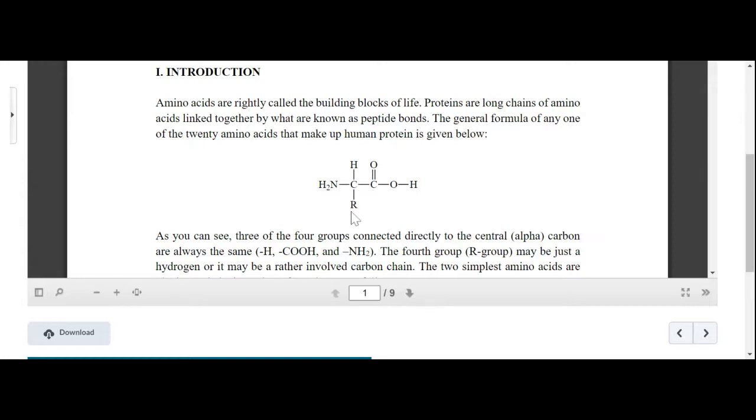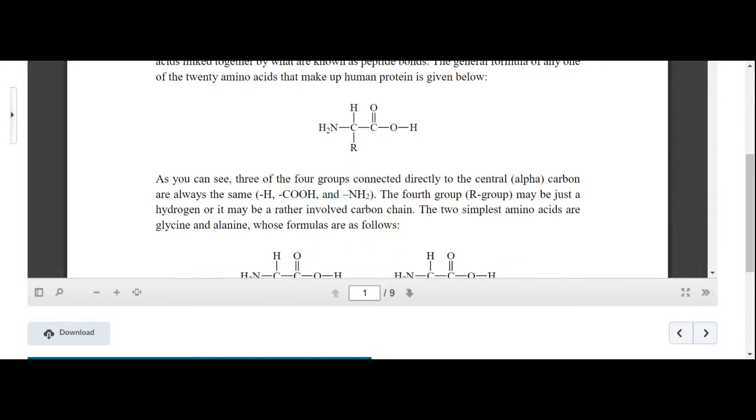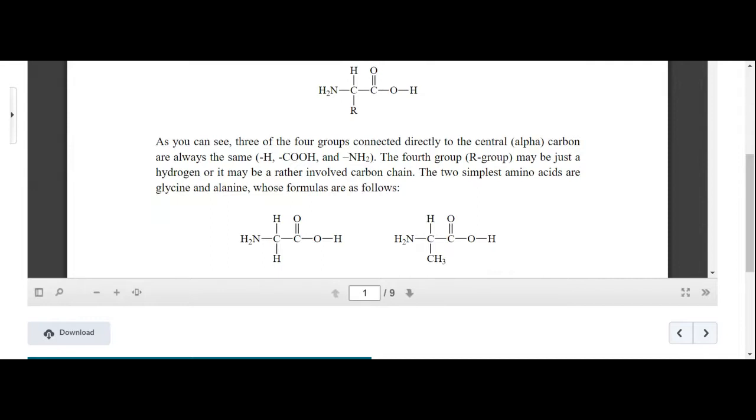The difference between one amino acid and another is in the R group. Your R group can be hydrogen, a methyl group, a phenyl group, a hydrocarbon, an amine, an alcohol, or a carboxylic acid. If the R group is neutral, either hydrogen or a hydrocarbon, then your amino acid is going to be neutral.